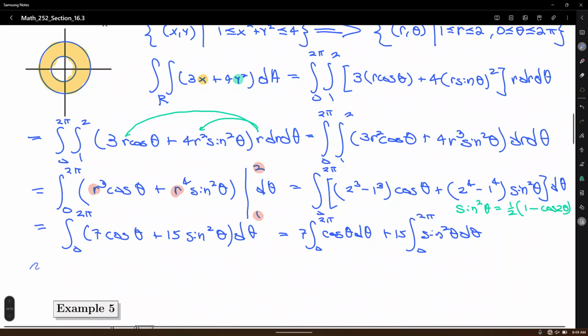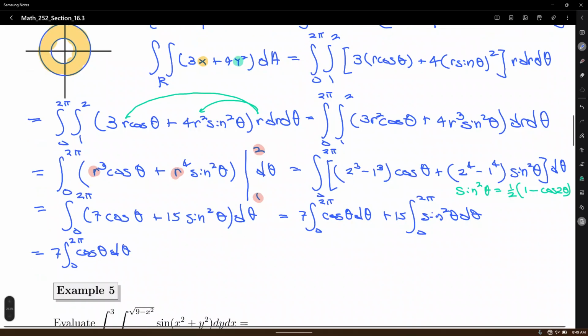Okay. So that equals 7 times the integral from 0 to 2 pi of cosine theta d theta. So what I usually do is I save all the integrals until I have all of them ready to be integrated. But if you want to integrate this already, then that's up to you. So that's plus 15 times the integral from 0 to 2 pi of 1/2 times 1 minus cosine 2 theta d theta.